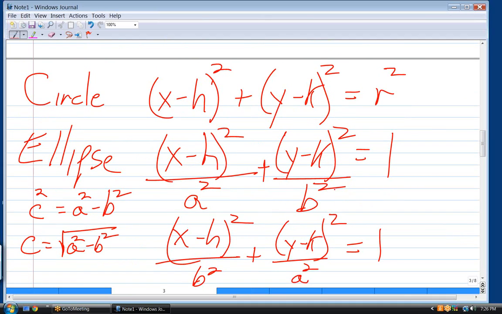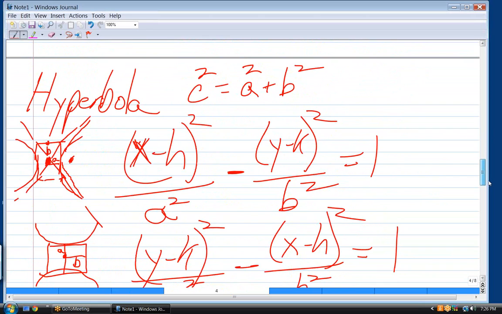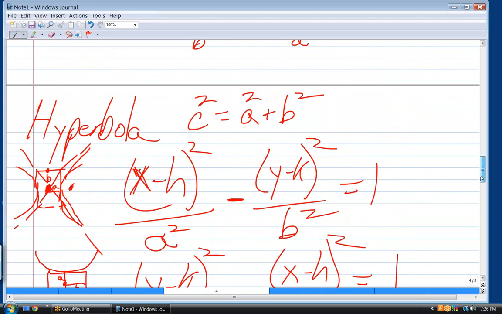And make sure you know the difference between horizontal and vertical orientations, and which one A has to be bigger than B, which one can be anything relative to B. And memorize the formulas for C. In other words, everything you see on this page, with the addition of hyperbolas, you want to memorize. That's your starting spot for doing any problems.